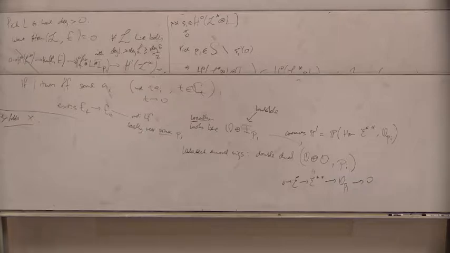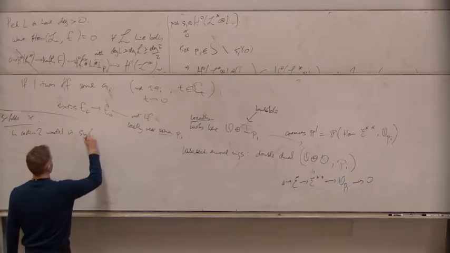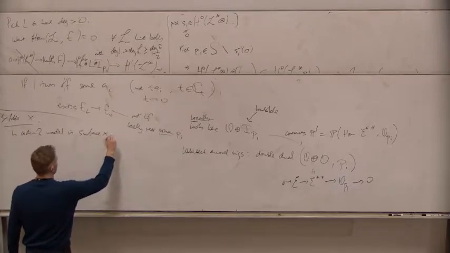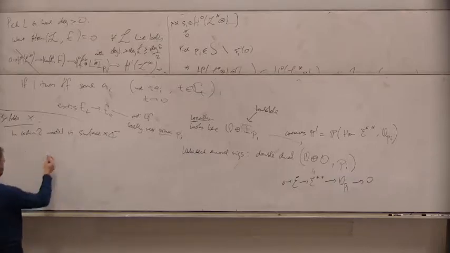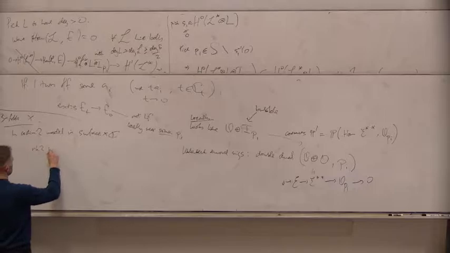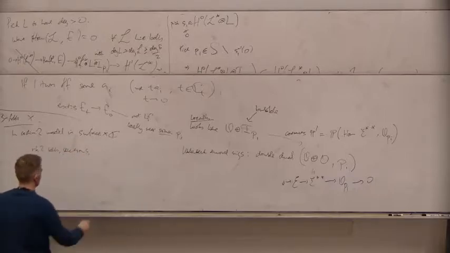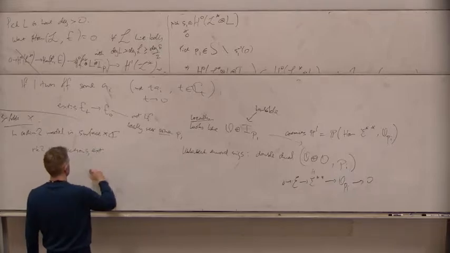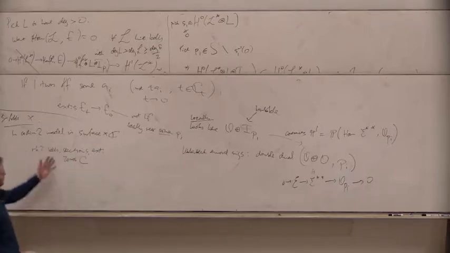Okay, so in codimension 2, the model is, surface times C or something. Okay, so we can have rank 2 bundles with sections, extension with zeros, a curve, because that's going to be codimension 2.